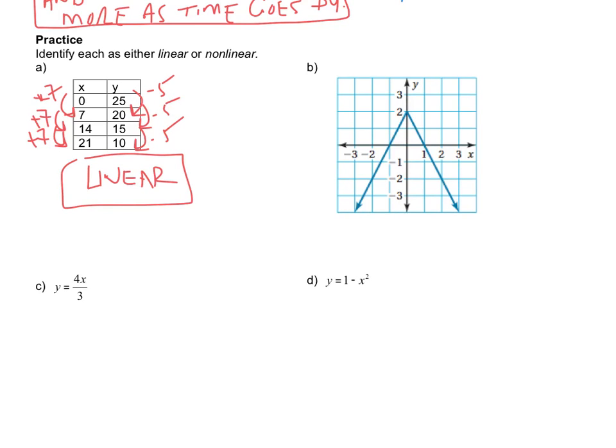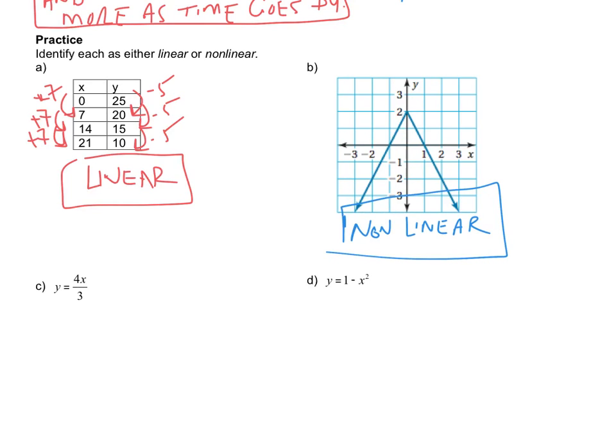Looking at B. Well, B, we see a straight line. Until we hit here, we see another straight line. But as an overall graph, this is not a straight line. So as an overall graph, this is nonlinear. It definitely has some portions that look linear, but as an overall graph, we have to say it's nonlinear.